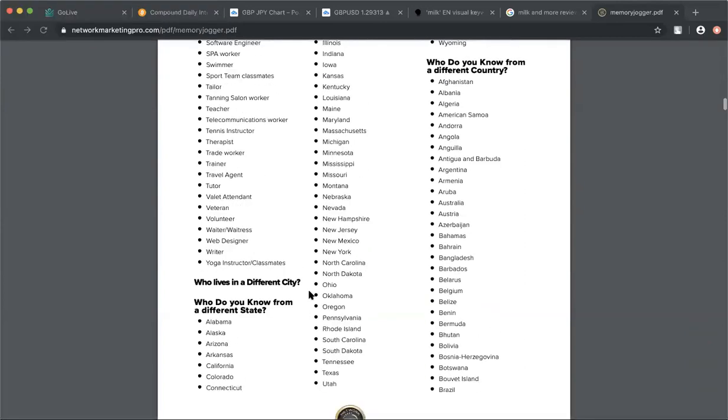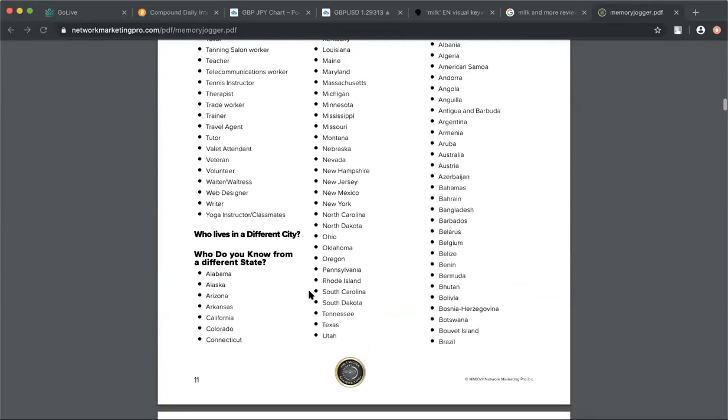So who do you guys know from a different state? I read something in my book yesterday that was kind of crazy, and it went something like this. You don't know everybody in your city. For those of you in Boston, you don't know everybody in Boston. And sometimes we don't start conversations with people in our city because we have no interest or we're scared or whatever the case is.